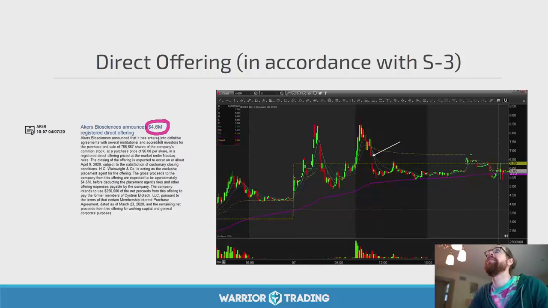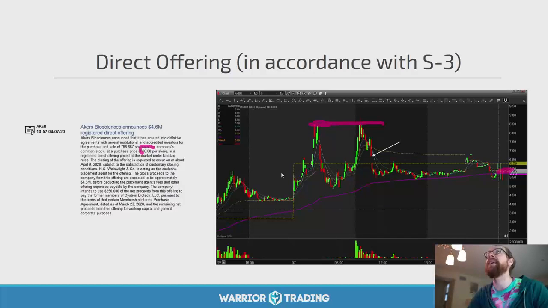All right, so they've announced that they've entered into a definitive agreement with several institutional and accredited investors for the purchase and sale of 766,667 shares of the company's common stock at a purchase price of $6. Now that's actually not bad. I mean, this hit a high of $8.50, but $6 is not a bad price.